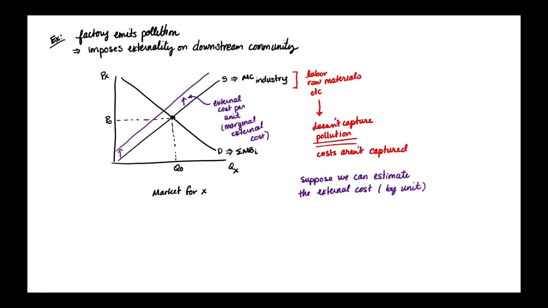So now we have a new supply curve. It's our real costs like labor and raw materials where money exchanges hands, added in with our marginal external cost. So this gives us a supply curve, we'll call it S1. So we've added the supply curve to marginal external cost to get a supply curve S1. Let's call this the social supply curve.